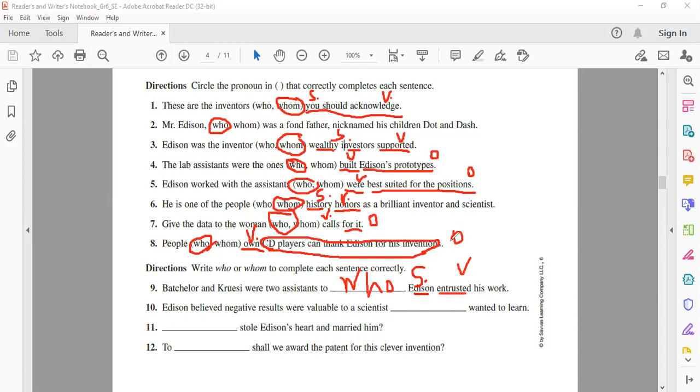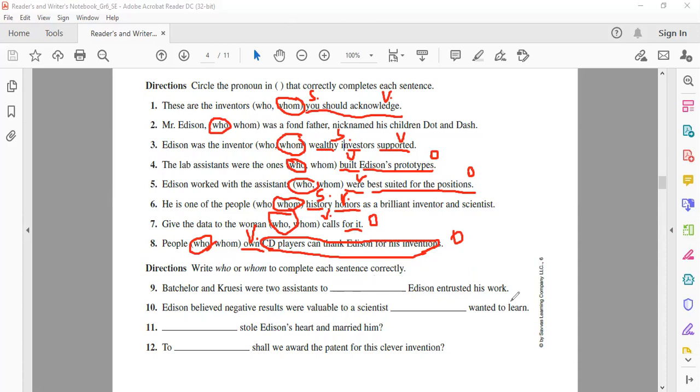Somebody would ask me, Miss, how would I know this is a subject or object? It's very easy. Let me show you this, because you still mix between them. We said that the main thing, if I want to know whether it is an object or subject, is to read the sentence after the brackets or after the dash. Edison entrusted his work.